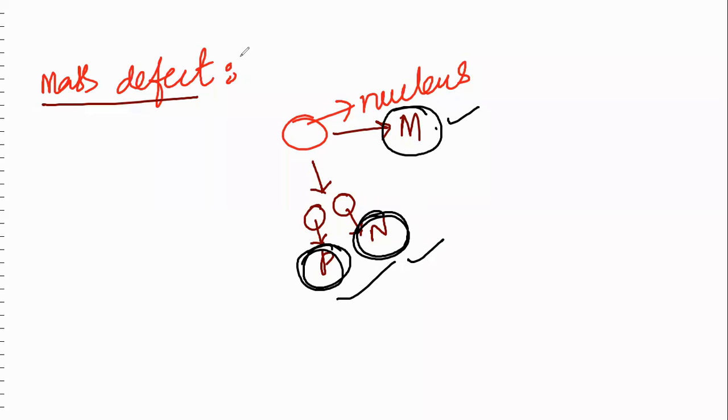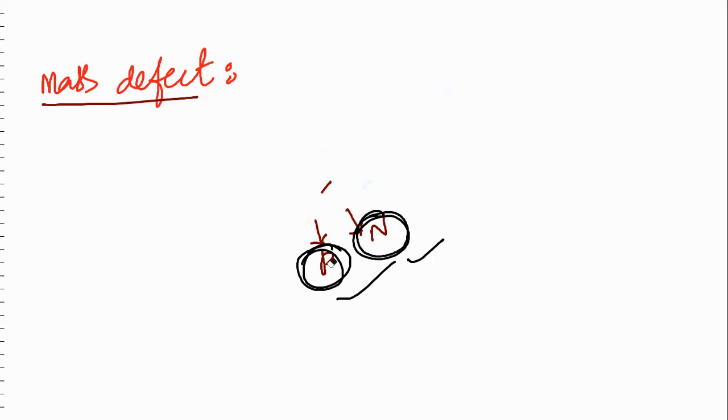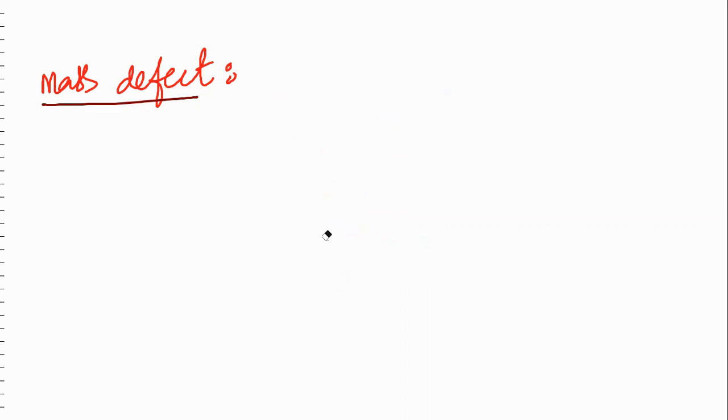So the difference between the mass of the nucleons and the mass of the nucleus is called the mass defect, represented with delta M. Delta M we may express in kgs or in atomic mass units. I have explained atomic mass units for electrons, protons, neutrons.